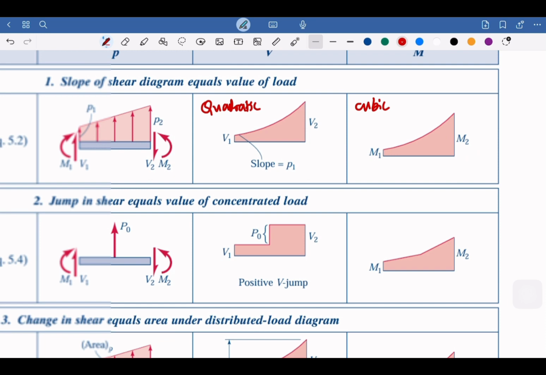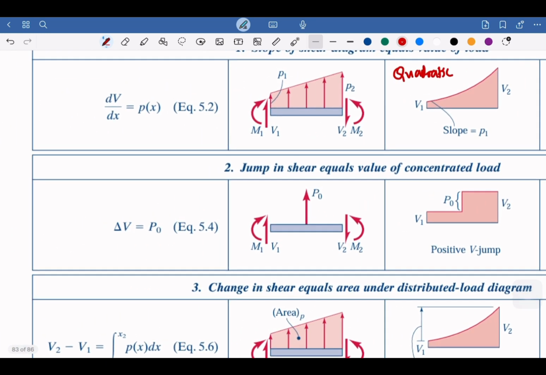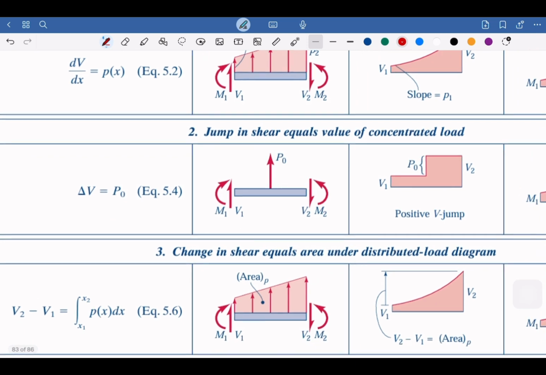And then for the concentrated load, so it's not a distribution, the second one, because there is nothing here, you will see a jump at that point. The load is higher here, which gives the shear force here, and then it is stable, then jumps, and is still stable up until this one. So that's for the concentrated load.